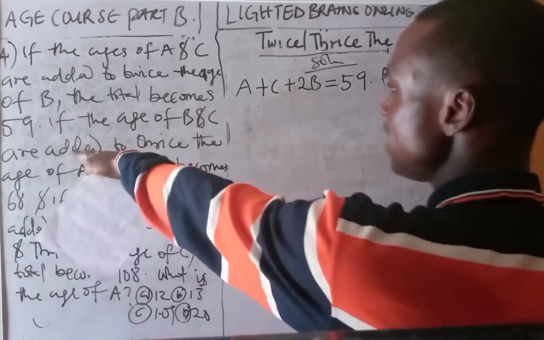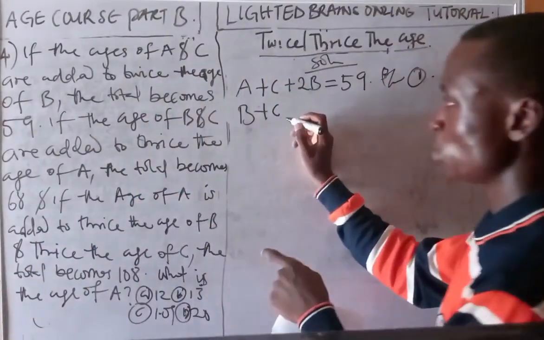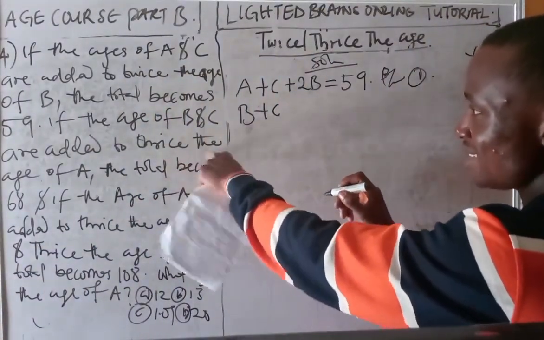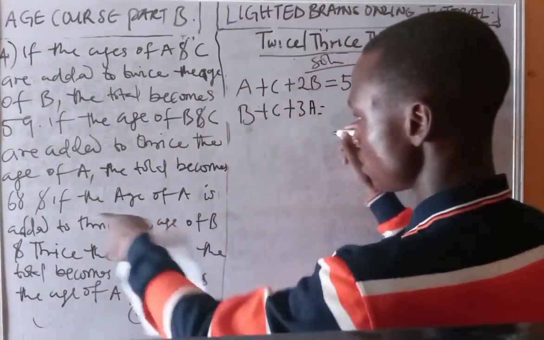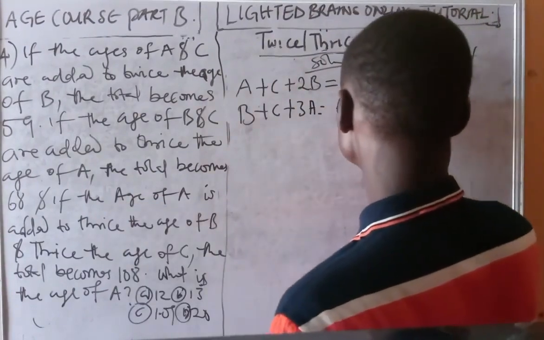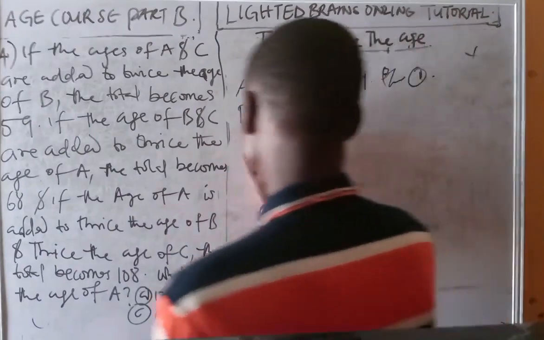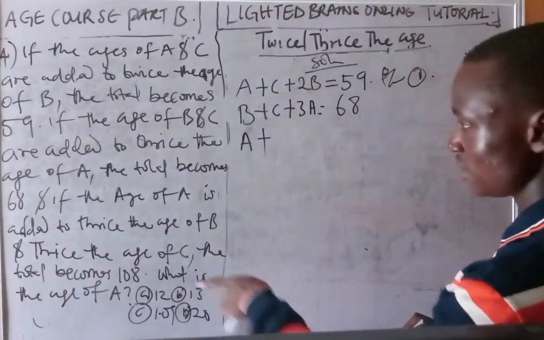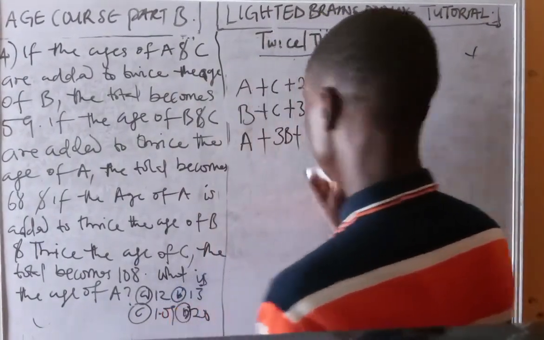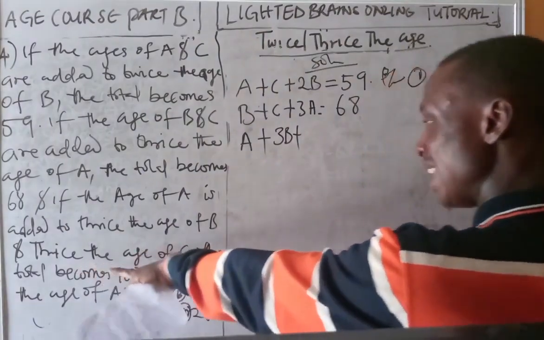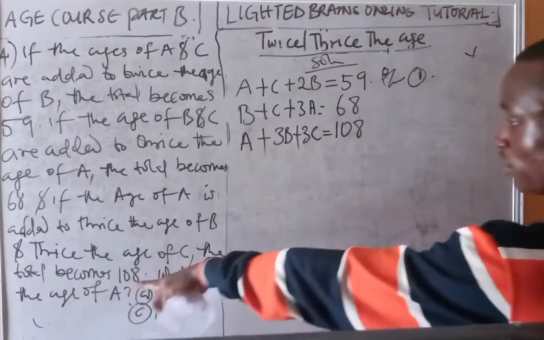Do you understand? Then I say if the ages of B and C, B plus C, are added to 3 times the age of A, the total becomes 68. Then if the age of A is added to thrice the age of B, 3B, and thrice the age of C, 3C, the total becomes 108.